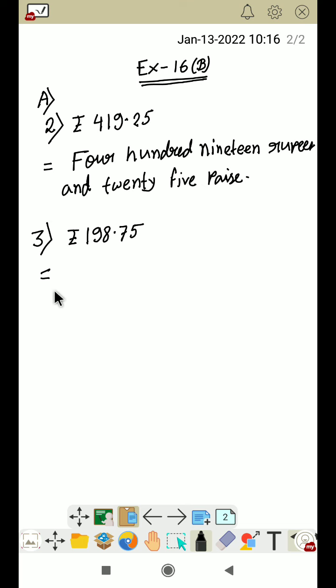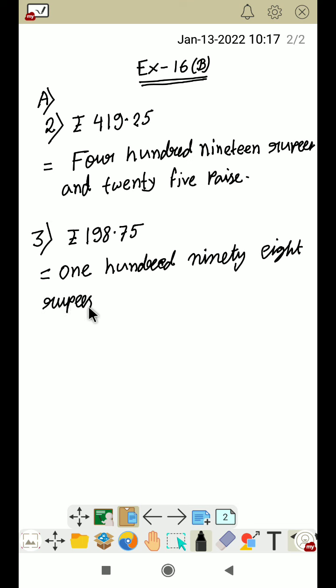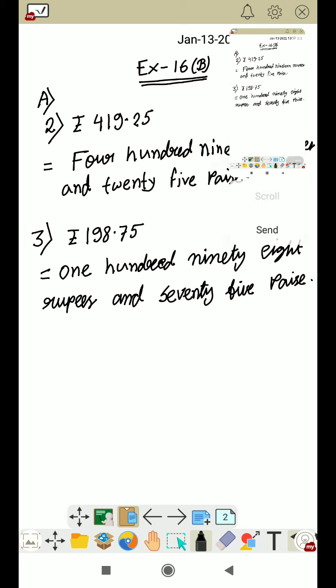This is 198 rupees and 75 paise. Okay. So this way you can solve the rest of the problems in question A.